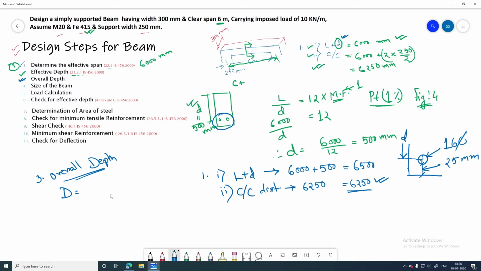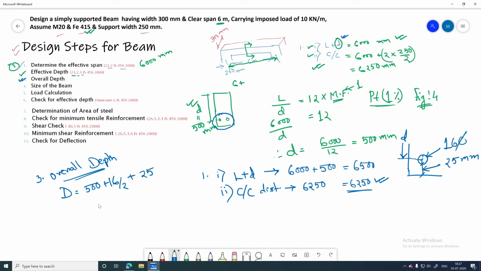So the total depth will be 500 plus the half dia, which is 16 by 2, plus the clear cover, that is 25.